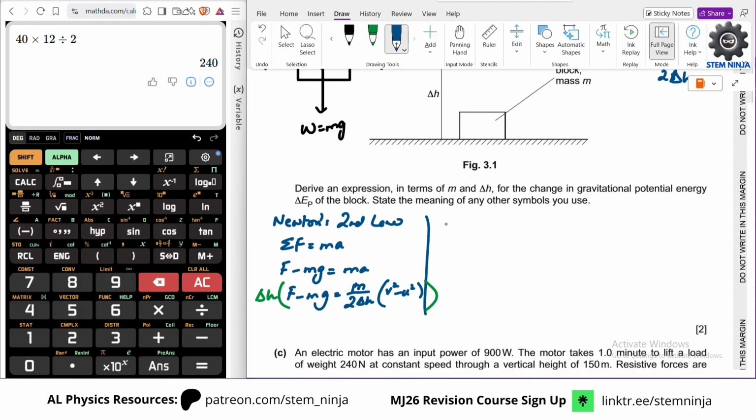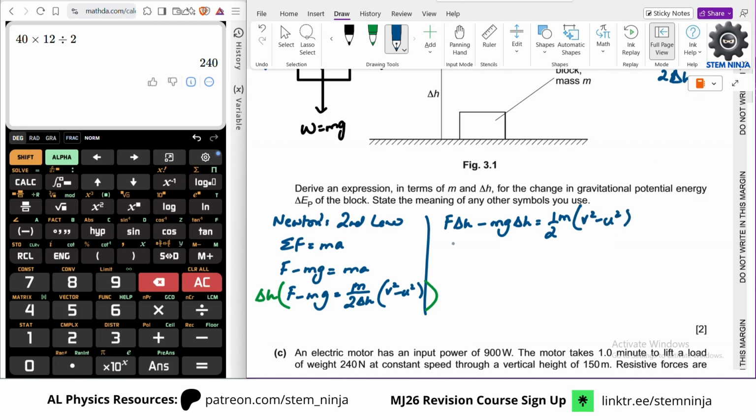So you get F delta h minus mg delta h equals to change in kinetic energy, which is half m v squared minus u squared.